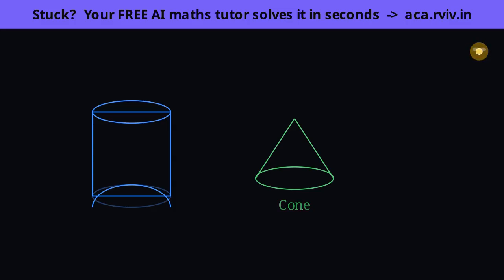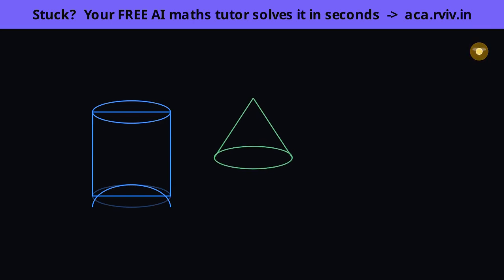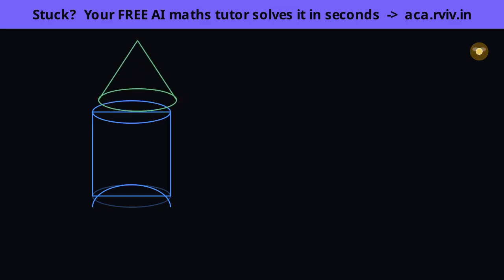That is a grain silo, or if you flip it in your mind, an ice cream cone with a rounded tube below. Notice the crucial thing. Where the cone sits on the cylinder, two flat circles are now pressed face to face, sealed shut inside the solid. Hold that thought. It is about to become the key to the whole idea of surface area for combinations.